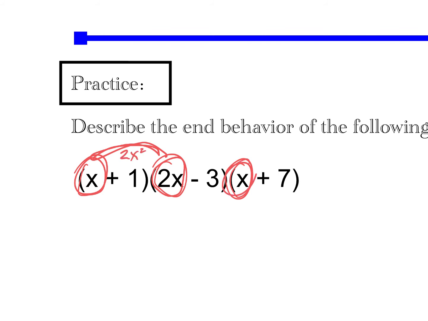And then if I times it by another x, 2x to the third. That's your lead term then. Do you remember me saying before, I don't really care about the rest of it? It's all about the lead term. There you go. Now I know its degree. Boom, it's degree 3. I know that its lead coefficient is a 2, and since that's positive, it must be up on the right. And since it's odd, it must be down on the left.